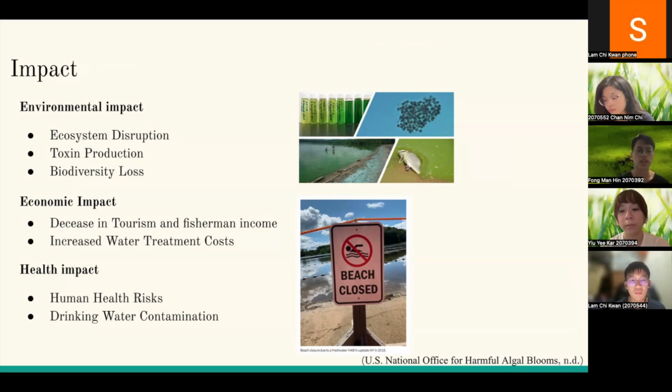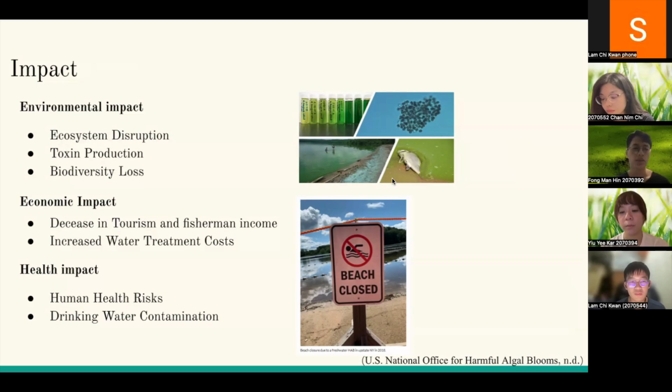Second, there is toxin production. Some algae species produce toxins that can kill fish or other marine organisms, disrupting food webs. Affected species may exhibit abnormal behaviors, reduced mobility, or death, which can lead to population declines and affect biodiversity.